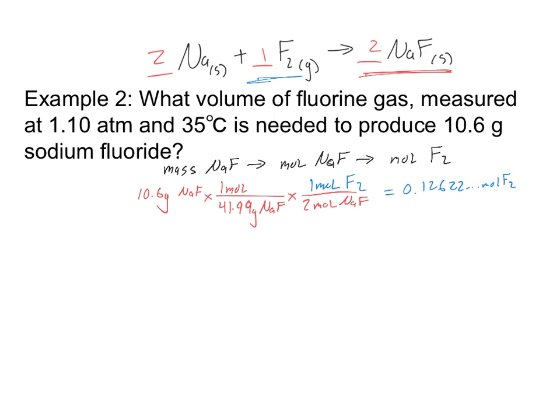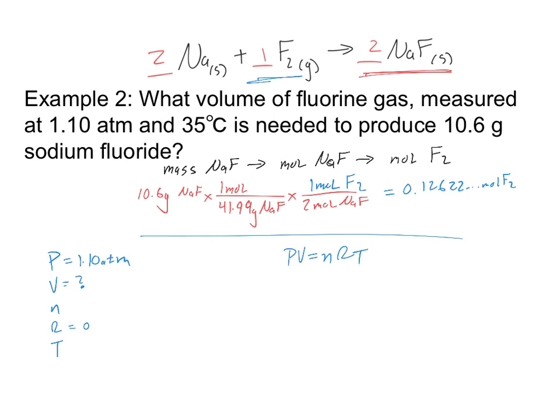Now, the next thing I need to do is use the ideal gas law, which we know is PV equals nRT, because we're trying to figure out the volume. We are looking for volume when we know that the pressure is 1.10 atm.